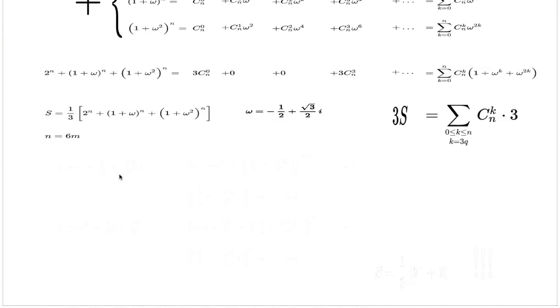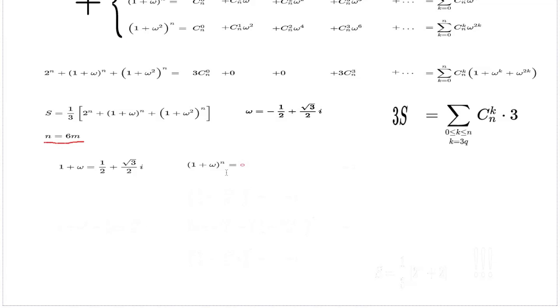Now for such omega, if we compute this bracket, then 1 plus omega is clearly just 1/2 plus root 3 on 2 i. Now we need to compute this expression taken to the power n, keeping in mind that n was a multiple of 6.